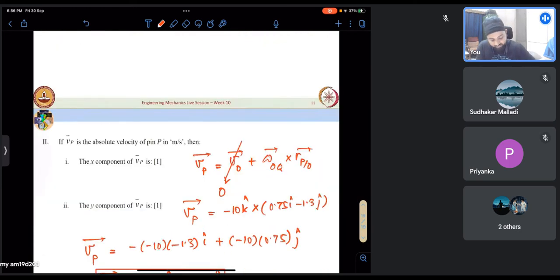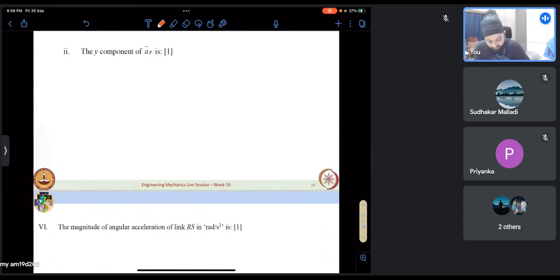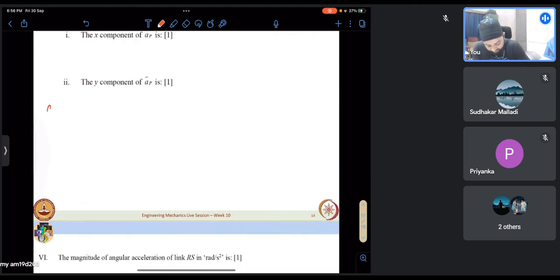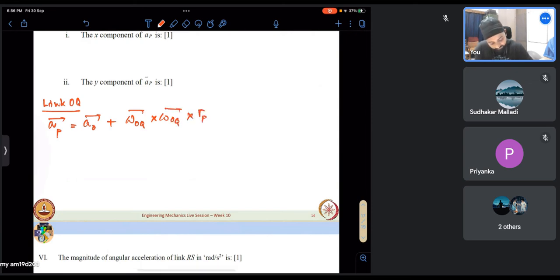So let us calculate that absolute acceleration first. Our absolute acceleration of pin P, considering link OQ, is acceleration of O plus omega OQ cross omega OQ cross R P with respect to O plus alpha OQ cross R P with respect to O.